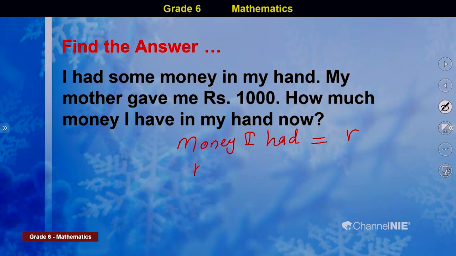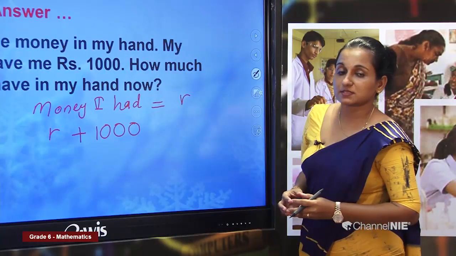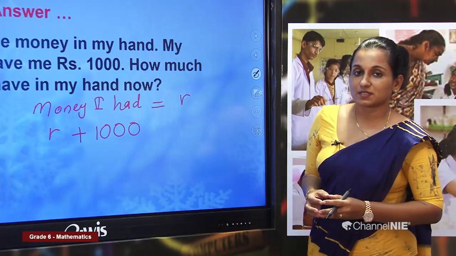Initially I had R rupees, then my mother gives me 1,000 rupees. Total I have R plus 1,000 rupees.